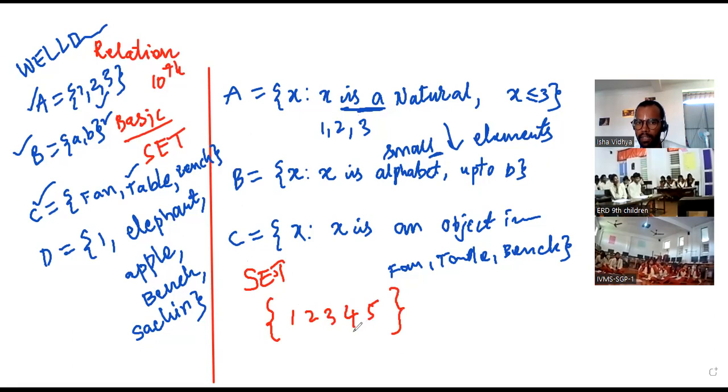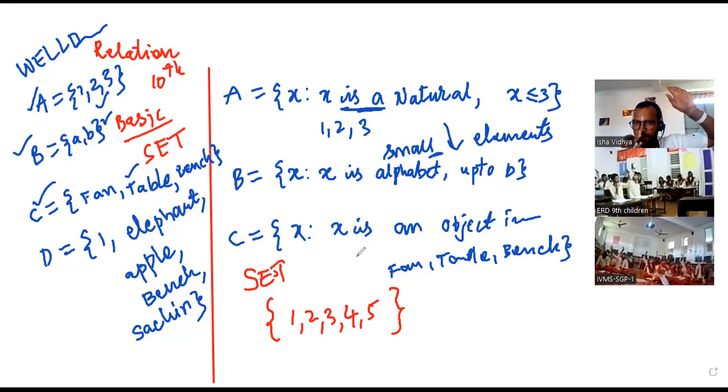Only one element, 12345. If you write 1, 2, 3, 4, 5 with commas, now 5 elements are there. Clear? So this is how we write the set. I hope that is clear, right? Hands up if it's clear what a set is. Okay, hands down. Let us move on to the next couple of concepts.